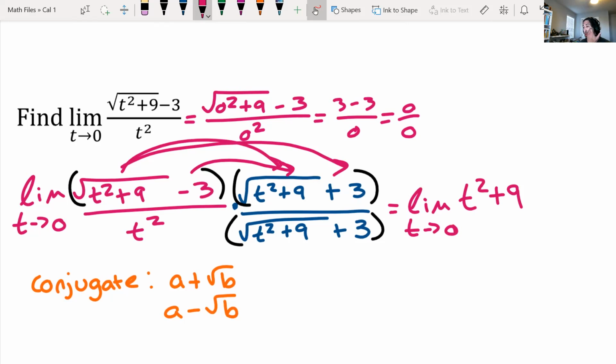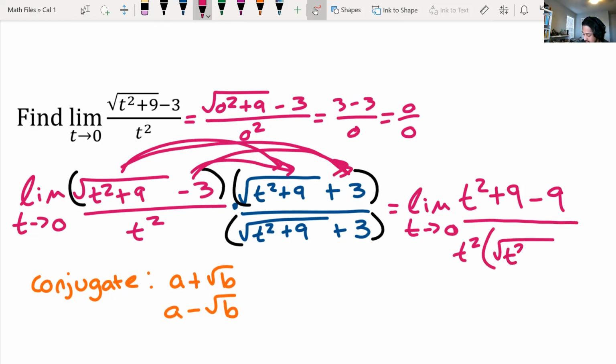It's going to be 0. The middle term will cancel. So all we have left is this negative 3 times that 3, and that'll give us minus 9. So your middle term cancels. And this is all over t squared times this nasty looking thing.